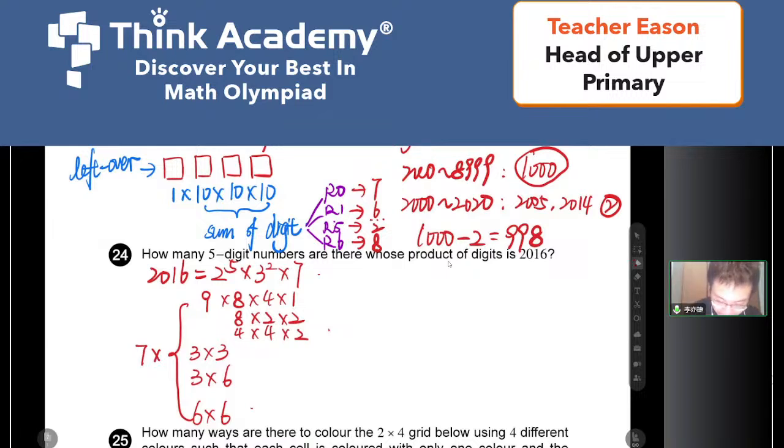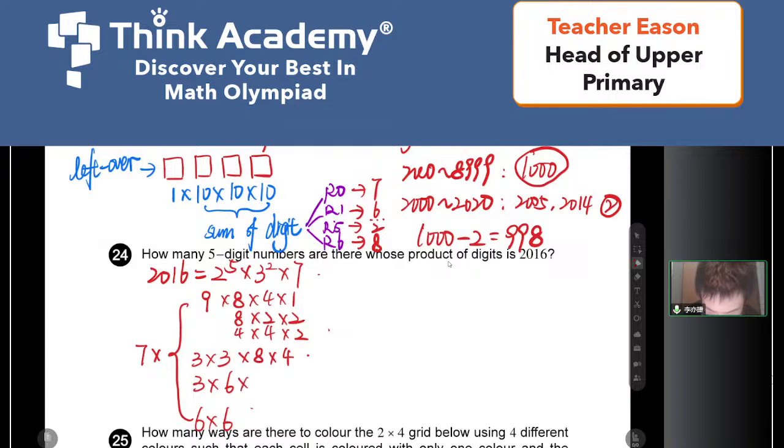Then, if the 3s occur as 2 3s, there are only 2 remaining numbers to make the product 32. So there is only one option, which is 8 and 4. If it's 3 and 6, then the product of the remaining numbers is 16.